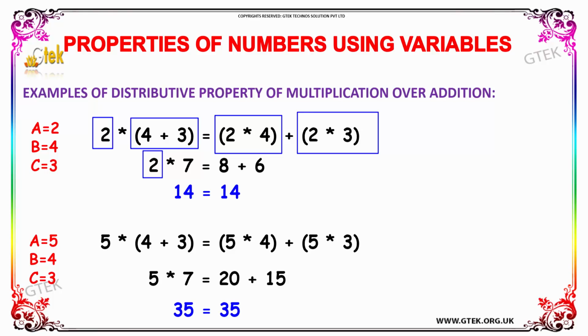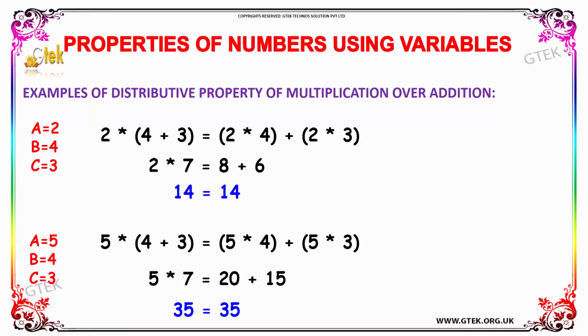By adding 4 plus 3, it's 7. That is equals to 2 into 4 as 8 plus 2 into 3 as 6. On multiplying 2 into 7, it's 14. On adding 8 plus 6, it's 14 again. So this is the logic applied in the distributive property of multiplication over addition.